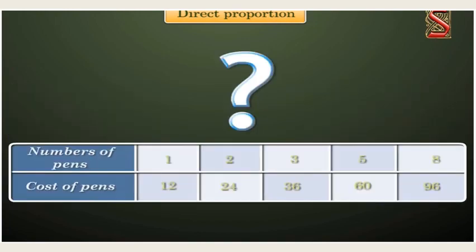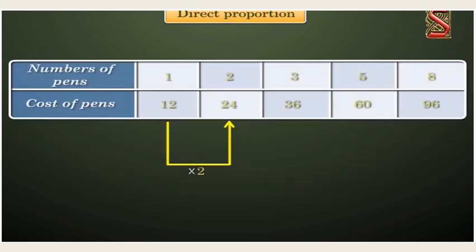So what have you understood? From one pen to two pens, the cost becomes double. For three pens it becomes thrice, and for 5 pens it becomes 5 times.